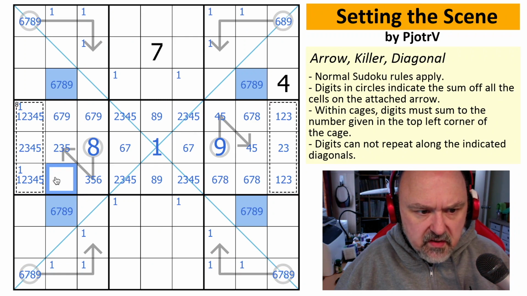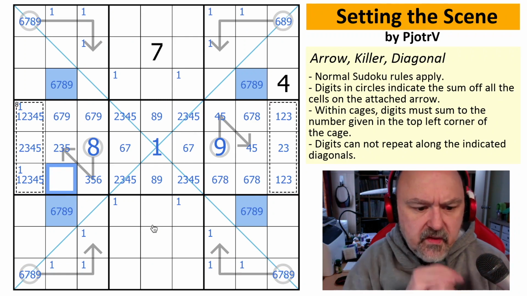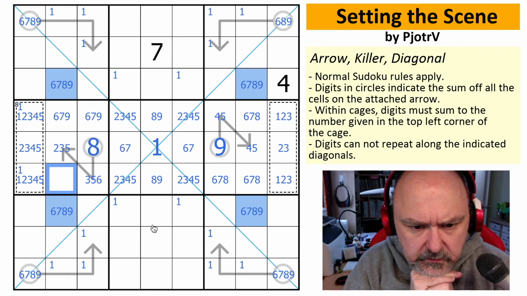That can still be 9. I am missing something obvious here.